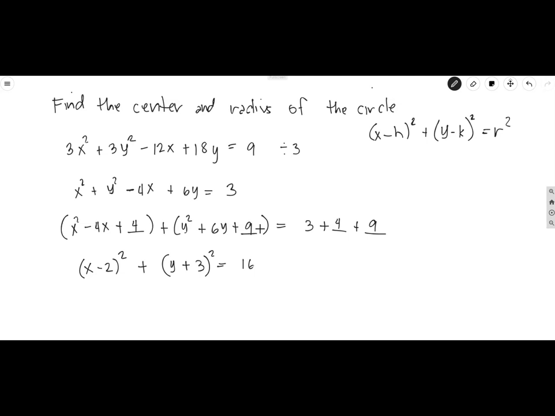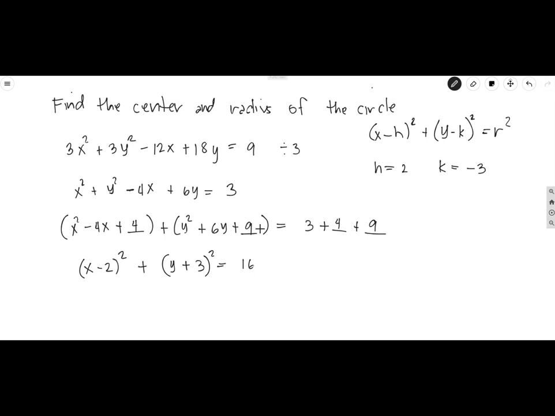So here we get 16, and then we're going to take the square root of that, since this is r squared. The square root of 16 is equal to 4. So now we have the solution. Your h is positive 2, so h is equal to 2, and your k is equal to negative 3.